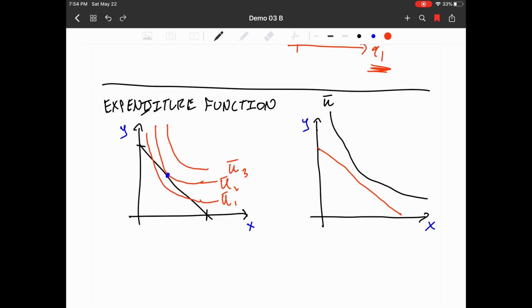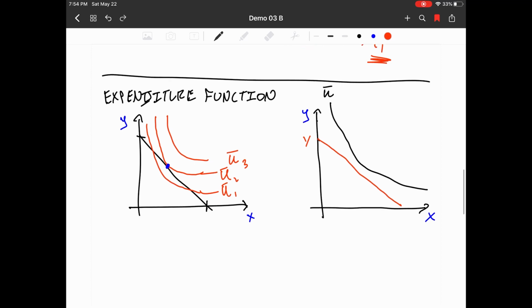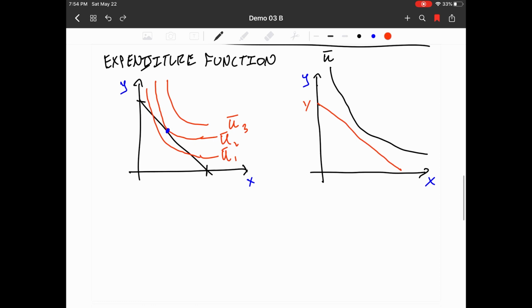So here we have different expenditures. You could think of this as Y, or you could think of it as E. Essentially what we're doing is changing this Y. So we could call this Y1.